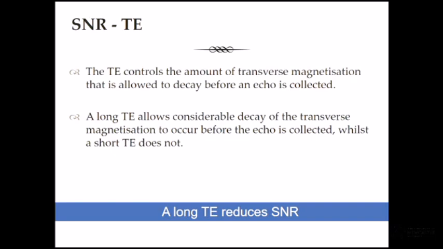Someone said to me the other day, why don't we collect all of it straight away? The reason we don't is that we're looking for that divergence. When we think of that decay curve, they're all at the same point in time when we create our FID. So if we acquired the FID straight away, what sort of weighting would that give us? Proton density.